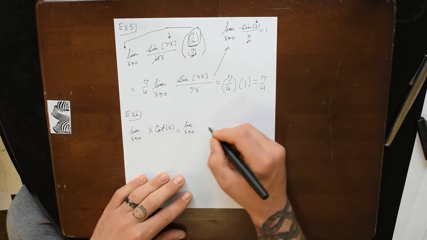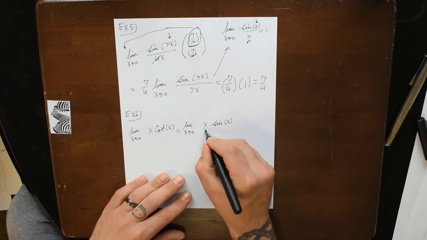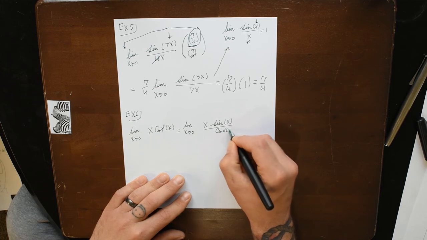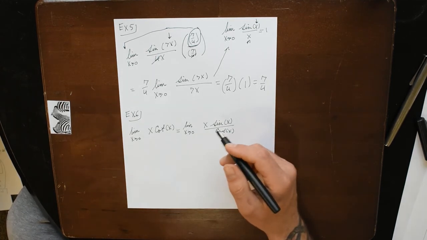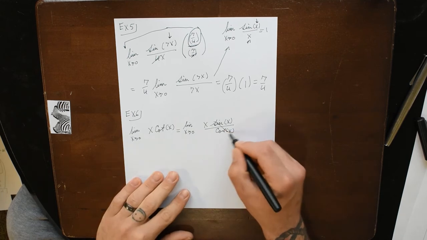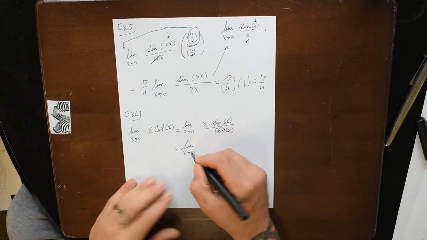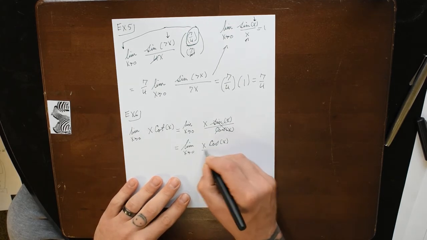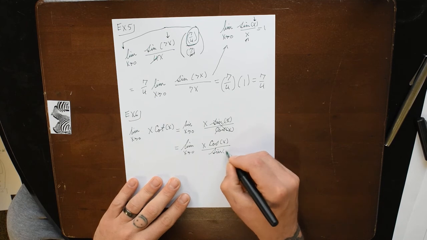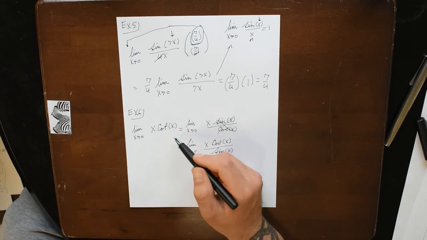Doesn't always help, but it can. Perfect. So, I'm sorry, that is the tangent, not the cotangent. There we go. So we have x times the cotangent of x.